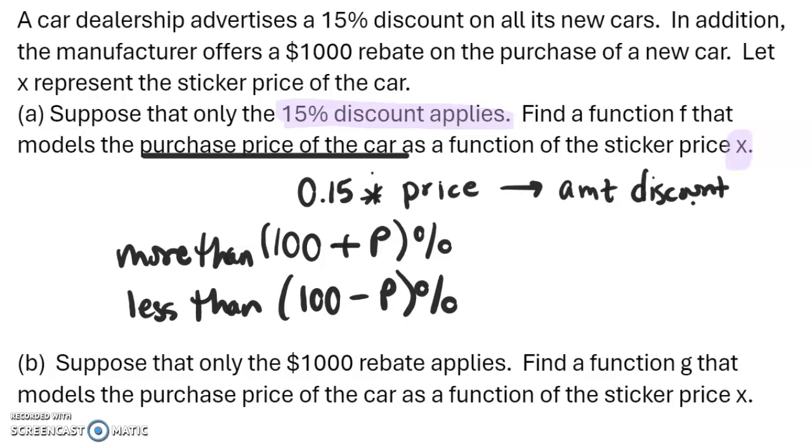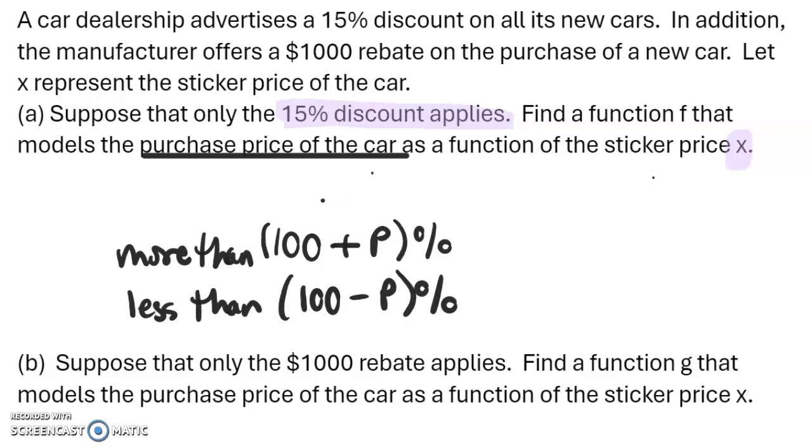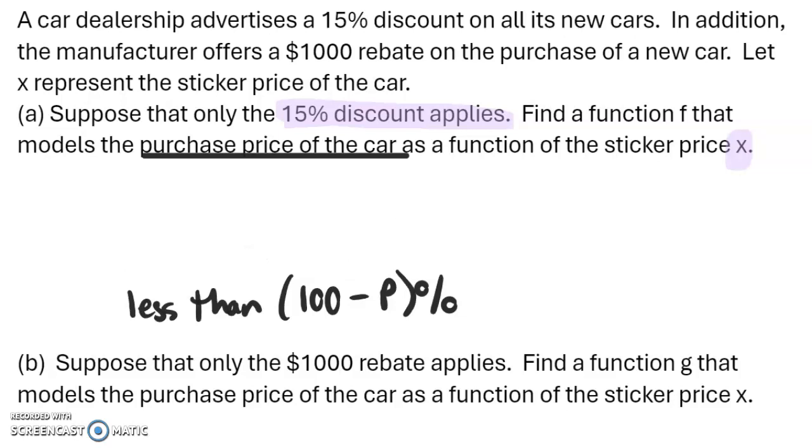So in this case here, the function that models the purchase price of the car, if there's a discount, then the purchase price is going to be less than. So I would use this, and I would say, okay, well, it's 100 minus 15%. So that would give me 85%.